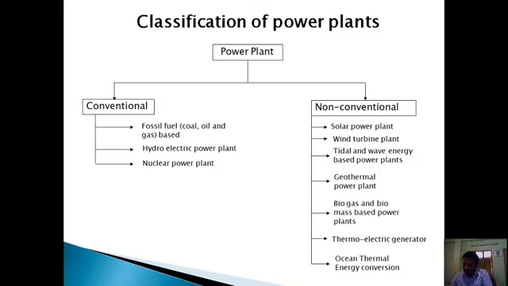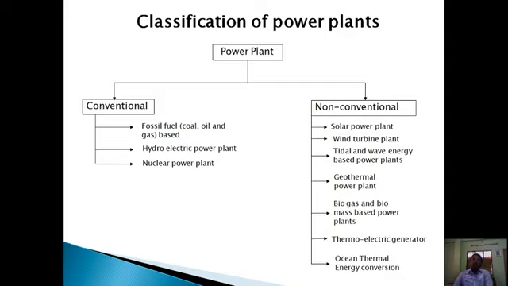Every country must meet its energy requirement from a variety of energy sources, which can be classified as primary and secondary, conventional and non-conventional, commercial and non-commercial, and renewable and non-renewable energy sources.